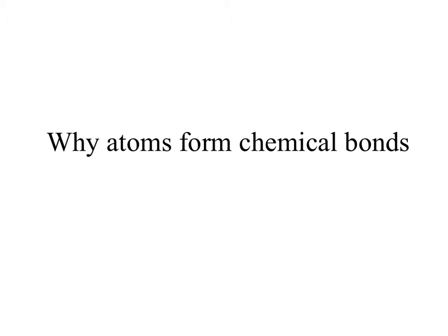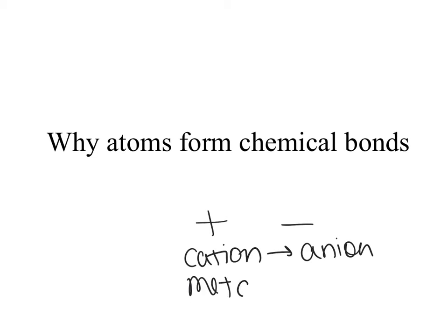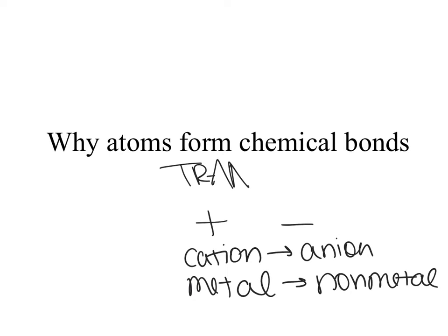We know that opposites attract, so one of our positive atoms is going to be attracted to one of our negative anions. So we'll have a cation that is going to want to bond with our anion. One of our metals is going to want to bond with one of our nonmetals, because overall, all of our electrons have to be transferred.